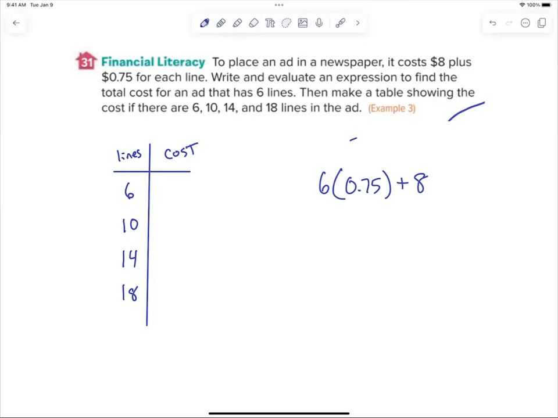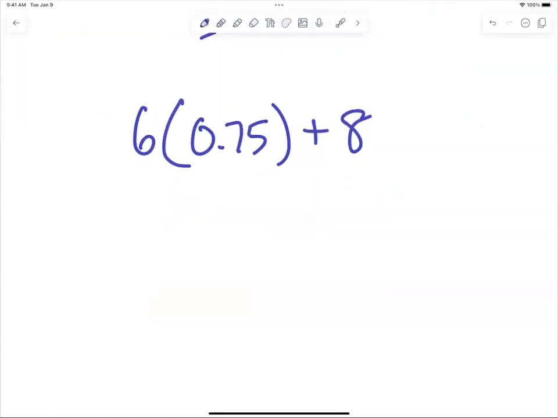Everybody good with that? So now let's do our mental math. Ready? Put your pencils down. 6 times 75, and I'm going to worry about the decimal later. What's 6 times 70? 420. What's 6 times 5? 30. What's 420 plus 30? 450.